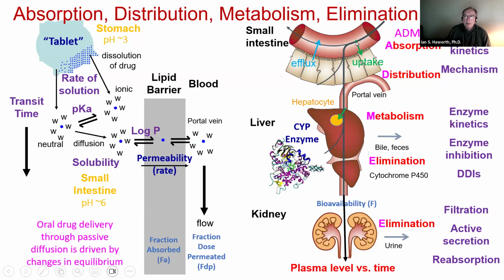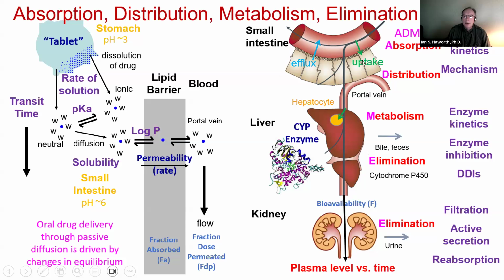If we're concerned about including those transporters in a model, we better know something about the kinetics of that transport. We better understand Vmax and Km, the Michaelis-Menten parameters. There are also efflux transporters that push drugs back, and that can be an issue.